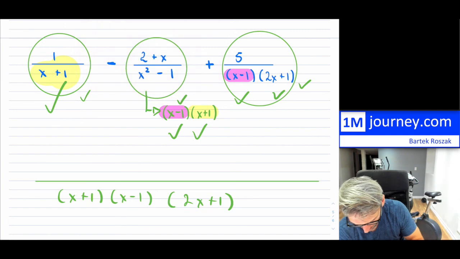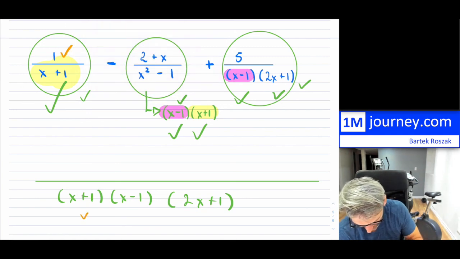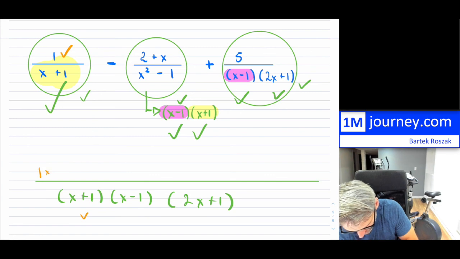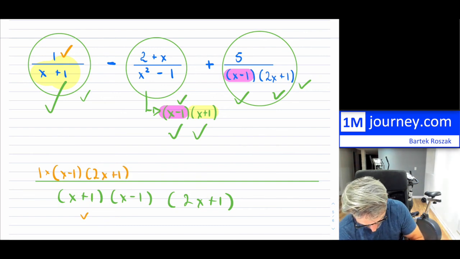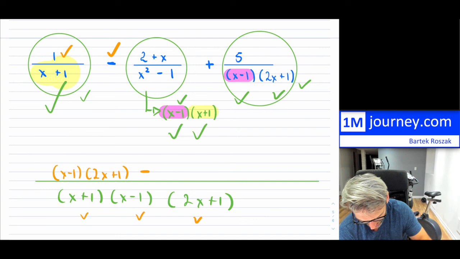Now for the numerators, well, this is 1. The x plus 1 was already there, so I have to go 1 times x minus 1 and 2x plus 1. So that's from right here. That 1 times that really will just disappear. So that's the first. Then it's minus, so that's minus.